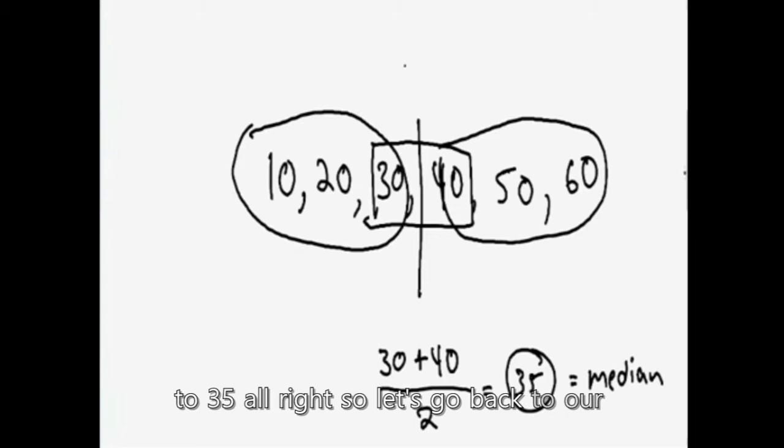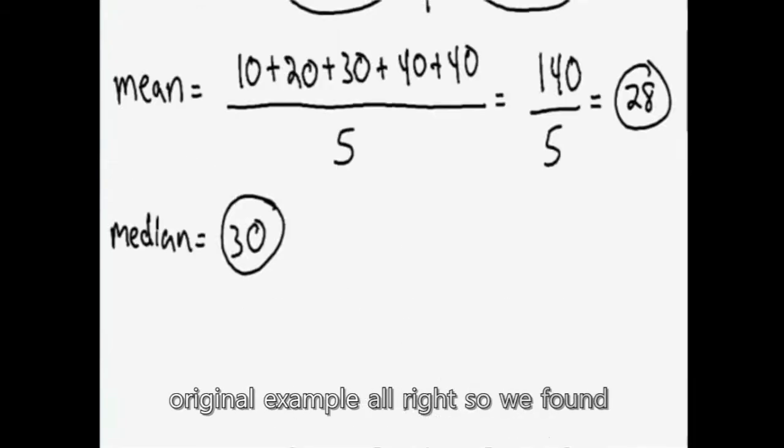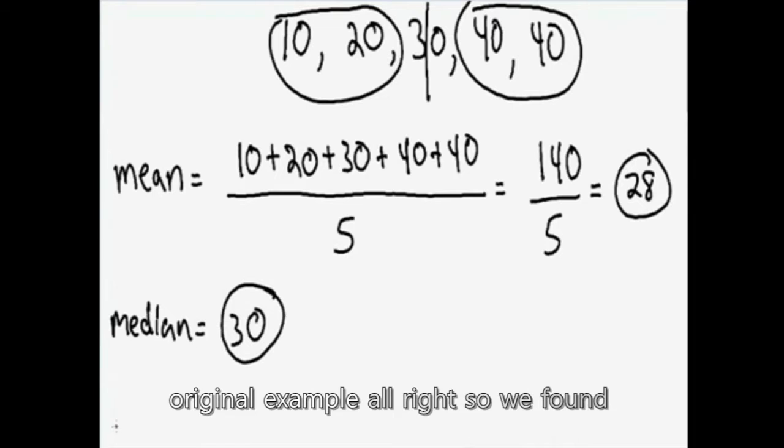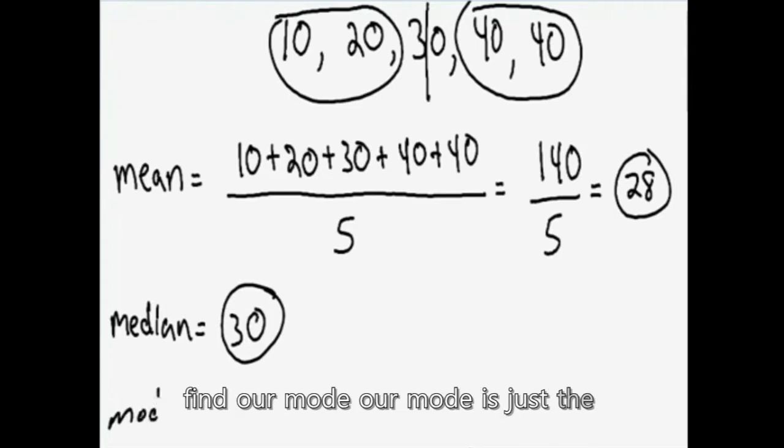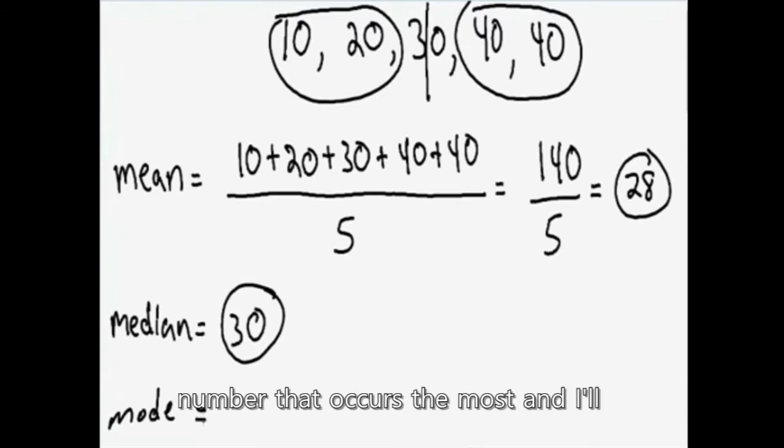Alright, so let's go back to our original example. We found our mean, we found our median. Now let's find our mode. Our mode is just the number that occurs the most. I'll circle the number that occurs the most in red.